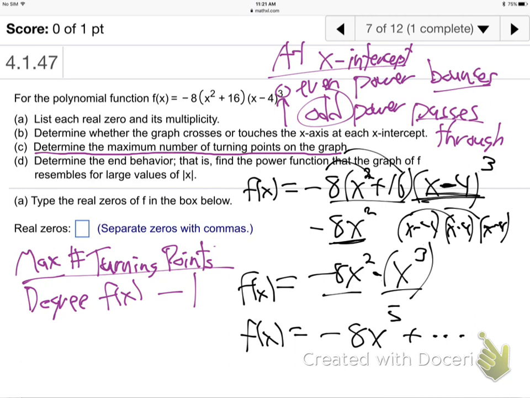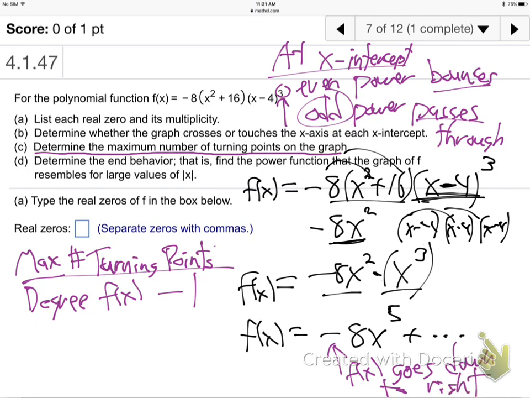So you with me to there? If you were to FOIL all that out, the front term, the most powerful term, would be minus 8x to the fifth. That means some important stuff. This negative means f goes down to the right.